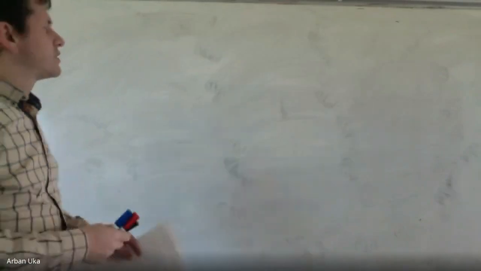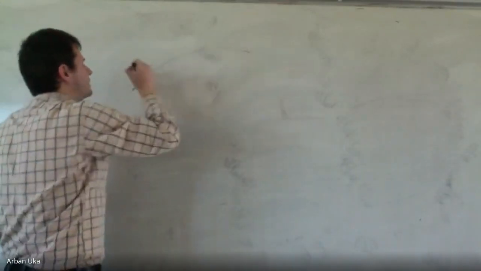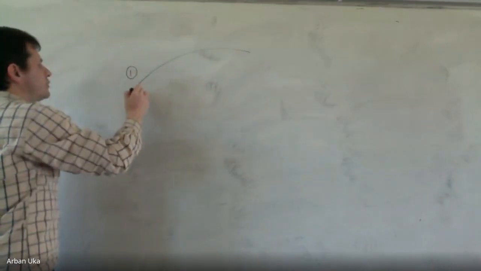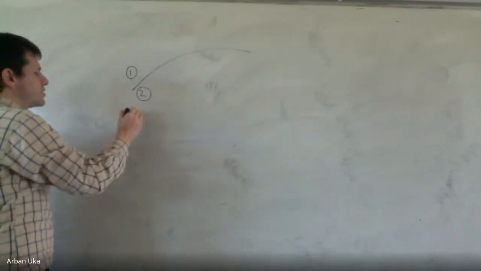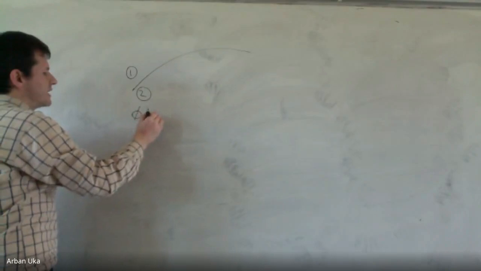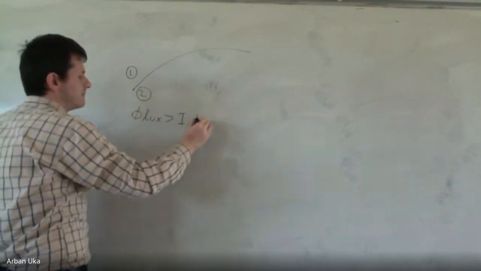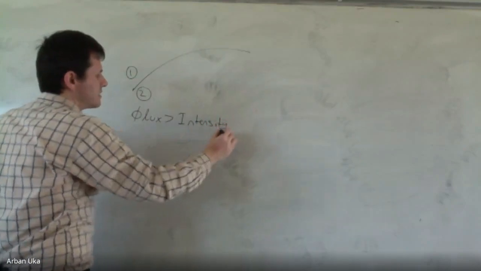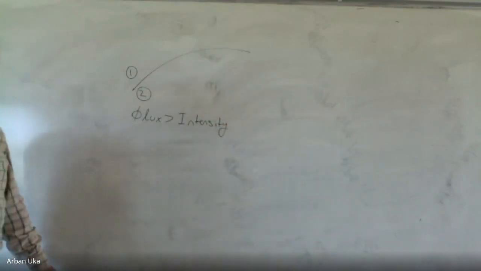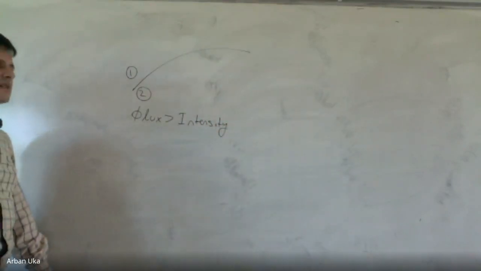Okay, so now regarding the boundary conditions, we said last time that we can have medium 1, medium 2, and then we mentioned that the flux was more fundamental than intensity. This is the same for electric fields and for magnetic fields.